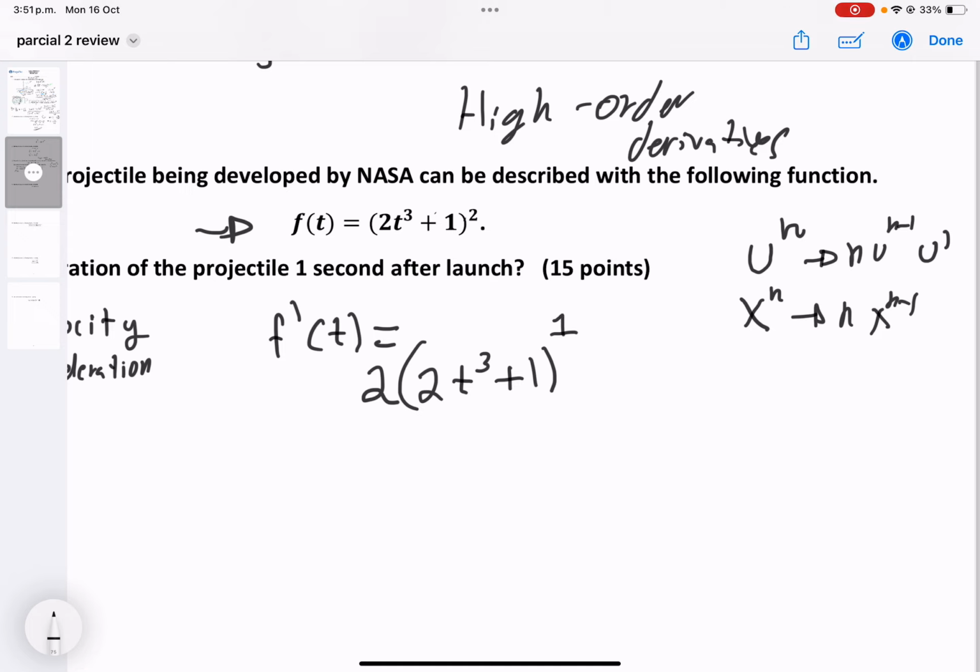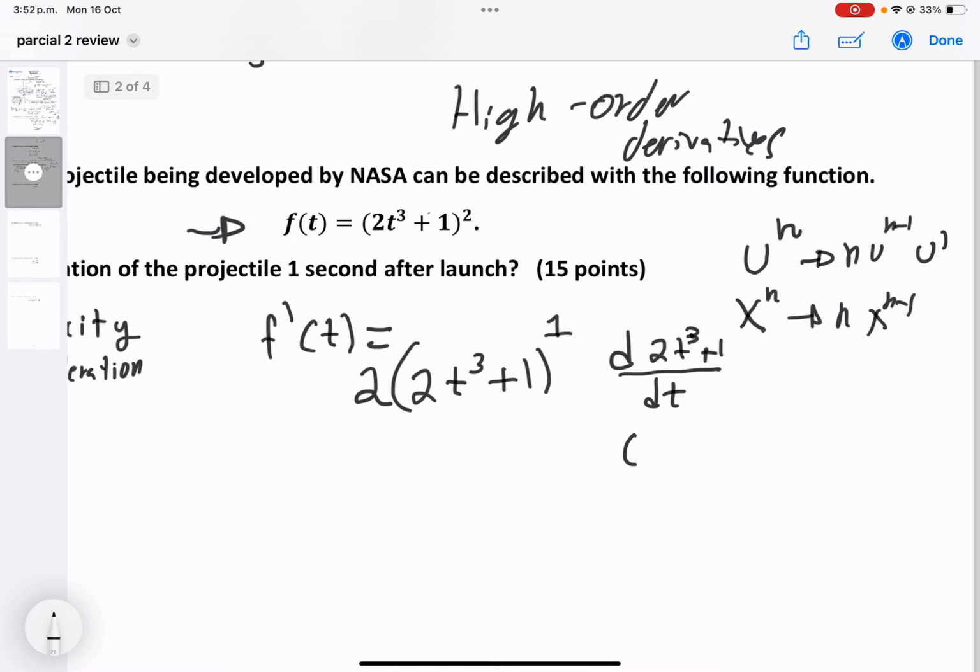And then I also have to take the derivative of what is inside the parentheses, because chain rule. What is the derivative of that in the parentheses? That is 6t squared. And this on the left side is not changing, it's just as I left it.